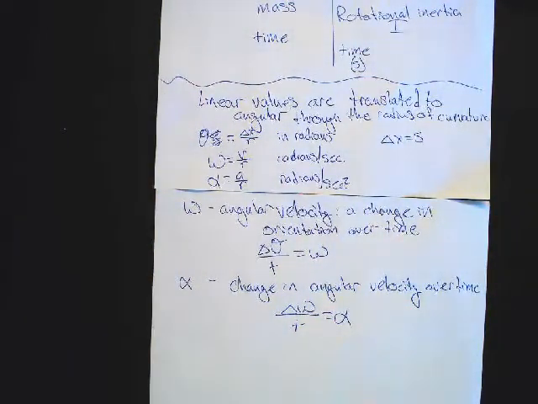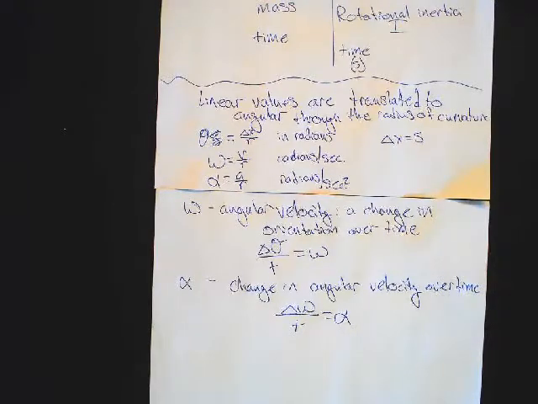Now, when we worked with these in terms of the linear stuff, we found that if we wanted to find how far you went, we needed a special set of equations. Because I can't calculate how far something goes just based off of an angular acceleration equation. And I can't just use change in theta over t if that omega is continuously changing, right?